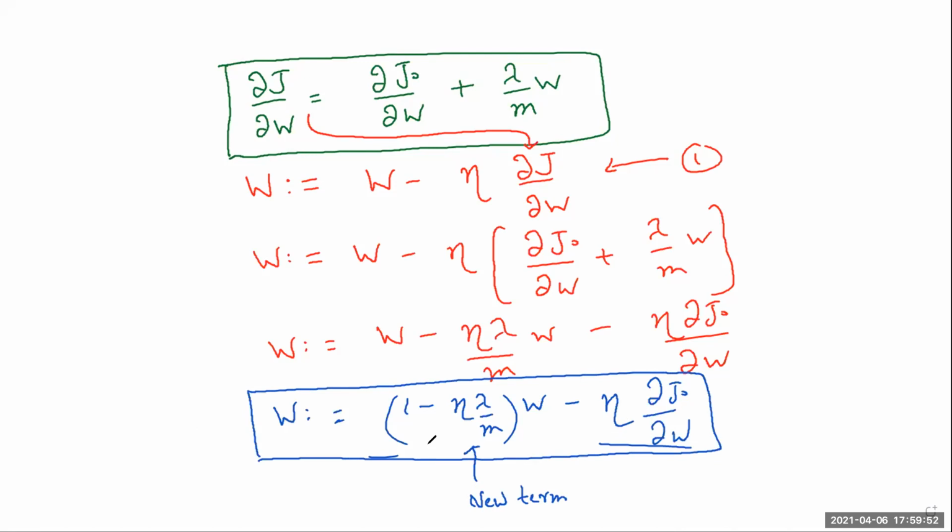Let me write this expression on the top and then maybe we discuss further. So the final expression that we got was 1 minus learning rate lambda by m times w, and then we had the derivative of J naught with respect to w.